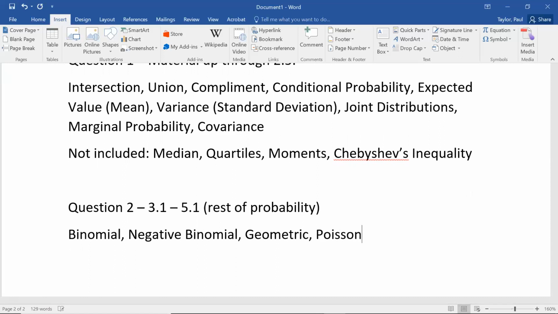Poisson, exponential, also known as inter-arrival time, the normal distribution, and lastly, the uniform distribution. I guess we did uniform before we did normal, so maybe I'll put that before it on the list.